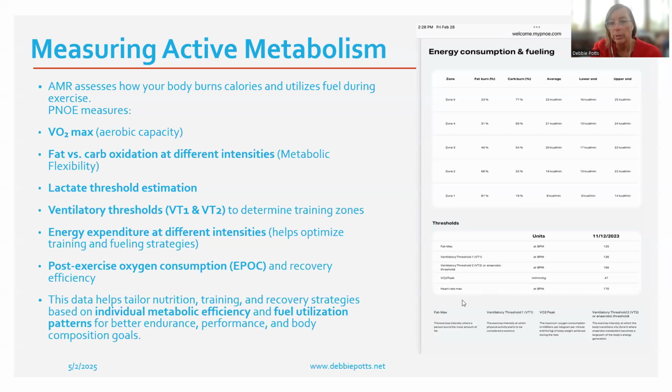And even on our reports, you see a sample page on the right, heart rate max or VO2 peak, because a lot of times people get their test done when it's their first time, they really are not going all out unless they're really competitive and know how to go to the pain cave. But even still, it's your first experience with the mask on, breathing. It's kind of awkward.